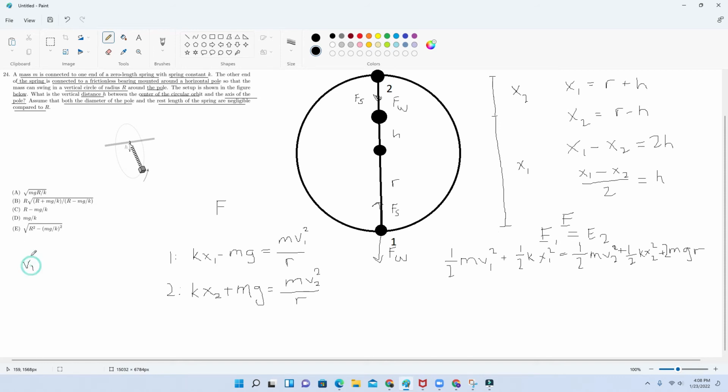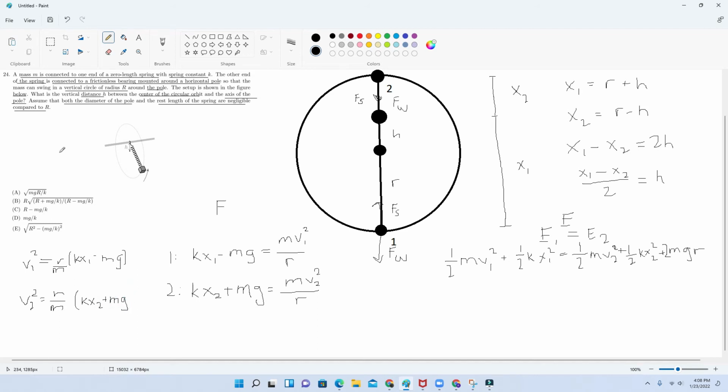So we get v1 squared is equal to r by m times kx1 minus mg. And we can get v2 squared is equal to r by m times kx2 plus mg.